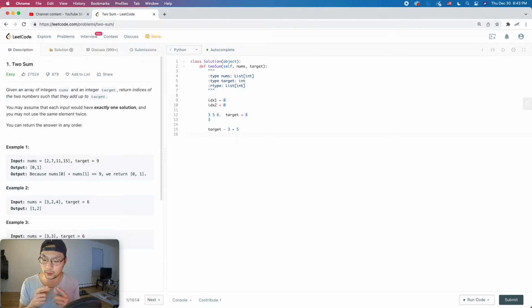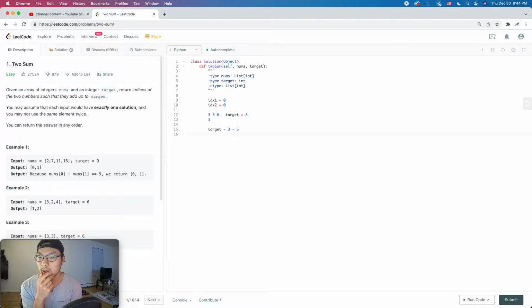I think the optimal solution is by using a dictionary, and the reason why is because we're going to have constant access regardless of how big the list is. And the key is going to be that number, so 5. This is where I get confused because you're going to store the difference and also you need to store the index.